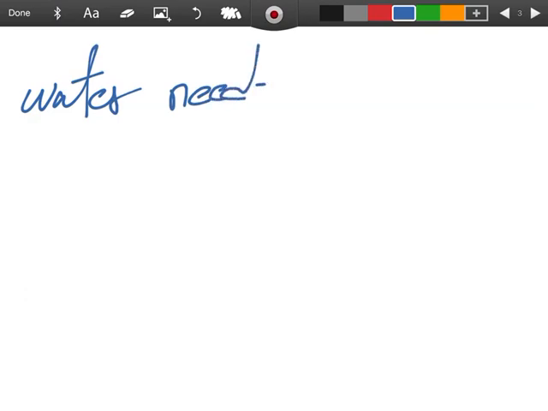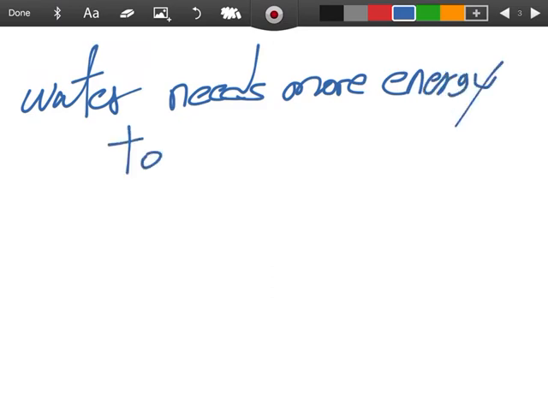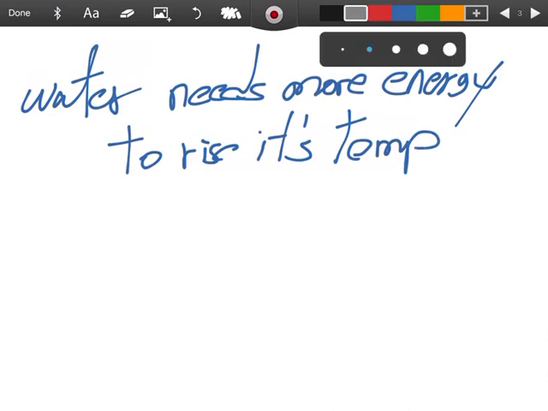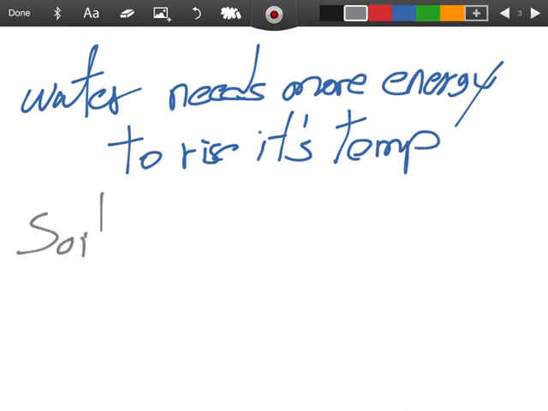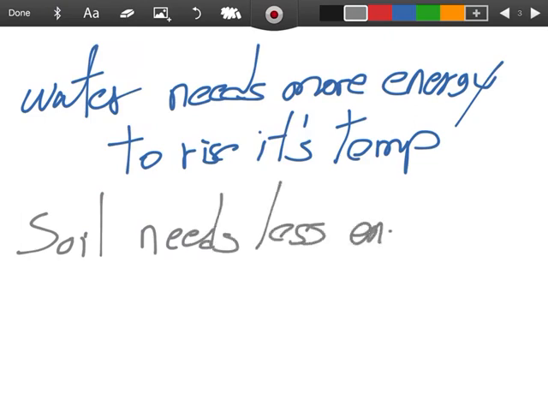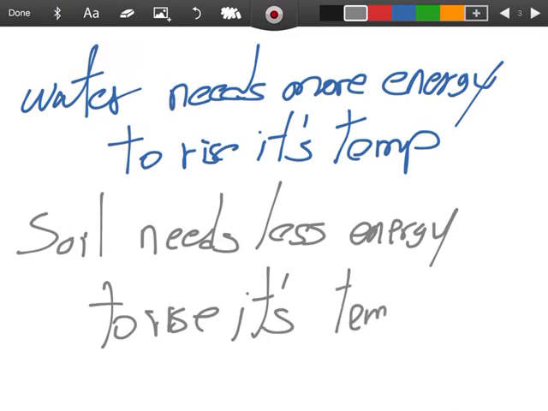And the fact is that water needs more energy to rise its temperature, right? Well, in the meantime, soil needs less energy to rise its temperature, right?